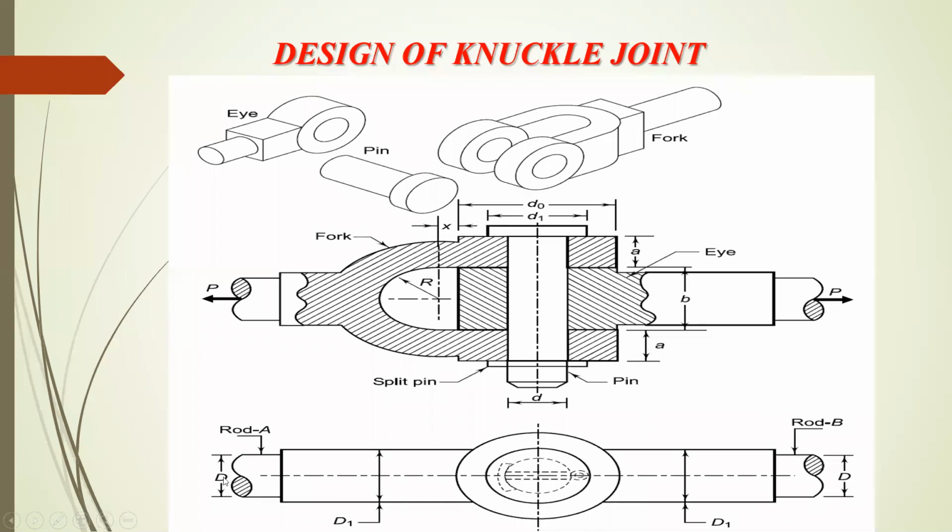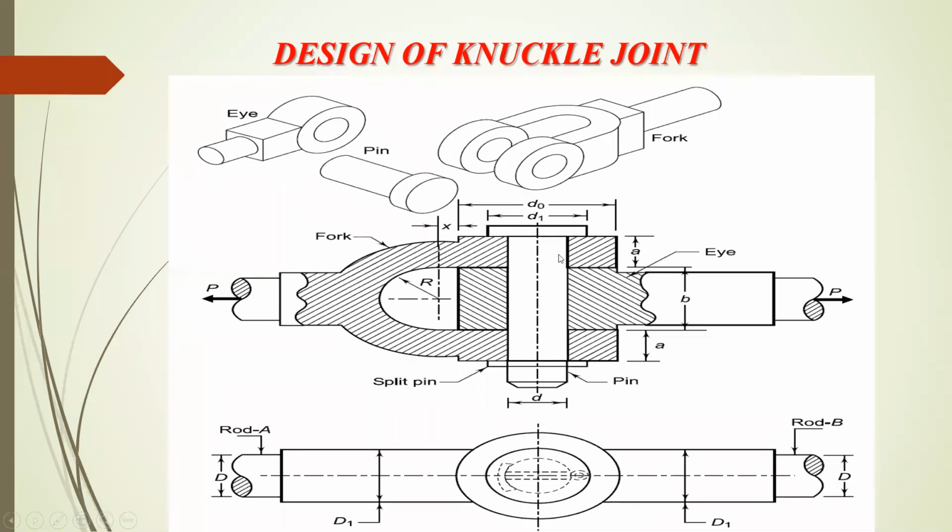Capital D1 is the enlarged diameter of the rod, or enlarged section of rod. This is D1, and this rod is D. The rod is subjected to tensile force of P at both ends, rod A and rod B.